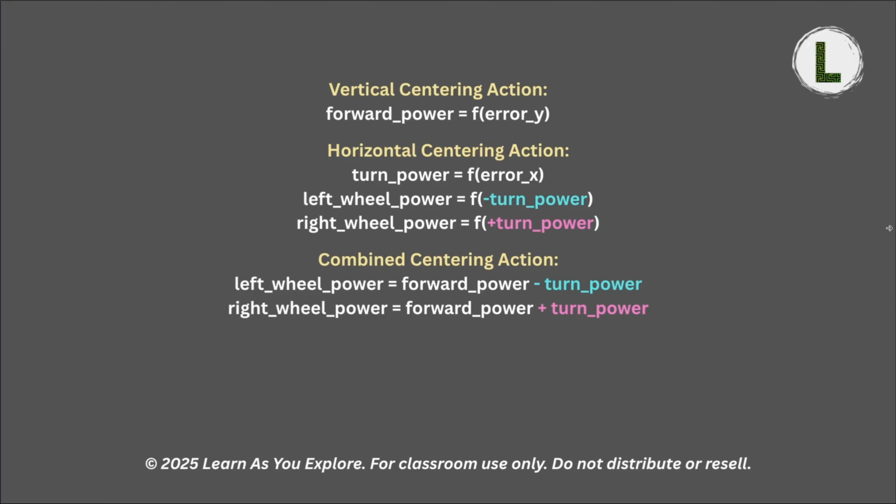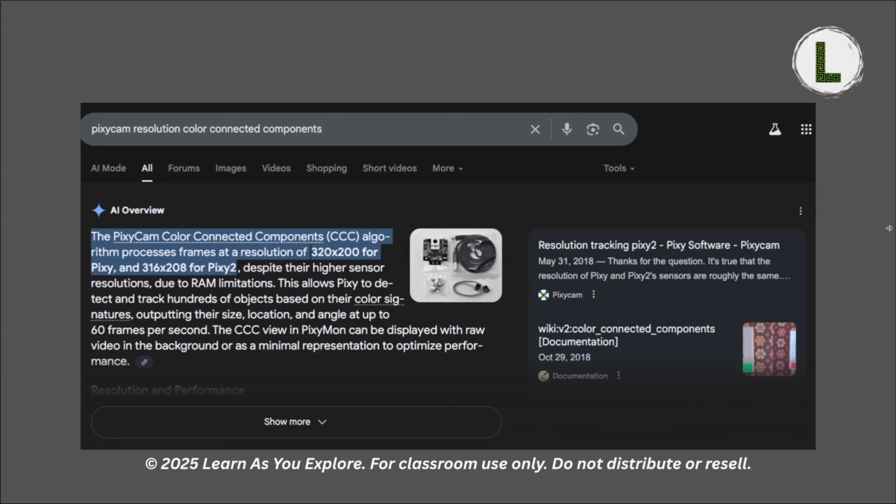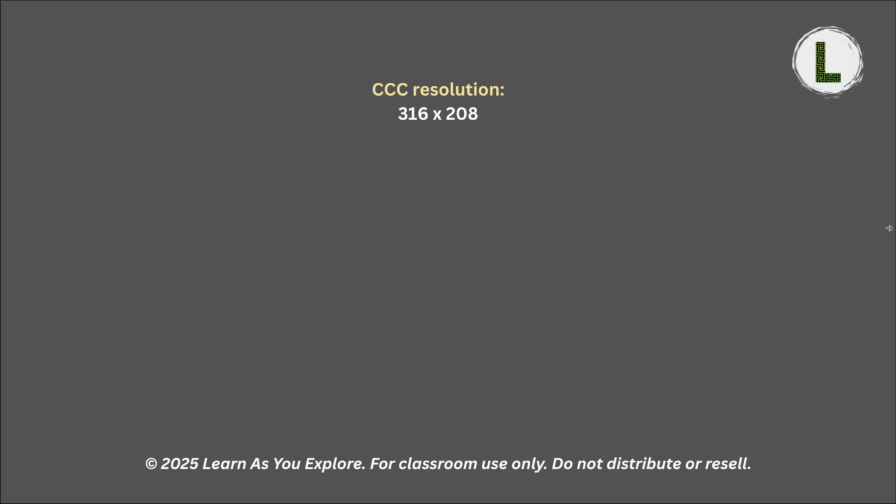Now, one final thing to note is we need to figure out what the values of target X and target Y are. We know from the Google search that we did previously that the Pixy Cam 2 color connected components resolution is 316 by 208 pixels. Given that we know this, let's find the center X coordinate, which is simply 316, the width of the frame, divided by 2.